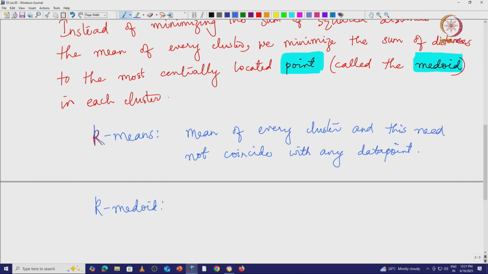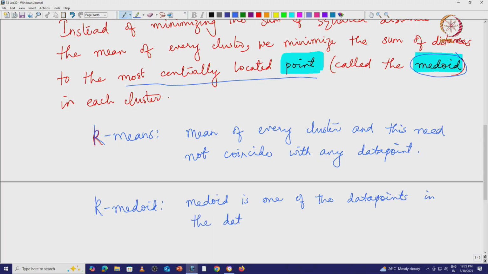Here you are minimizing the sum of distances from the most centrally located point, which is called the medoid. So the medoid is drawn from one of the data points in the data set itself.